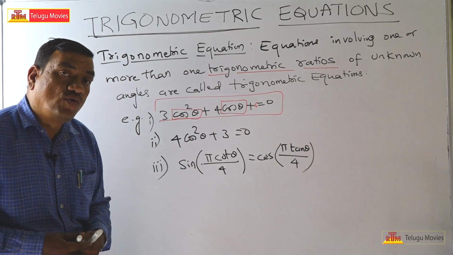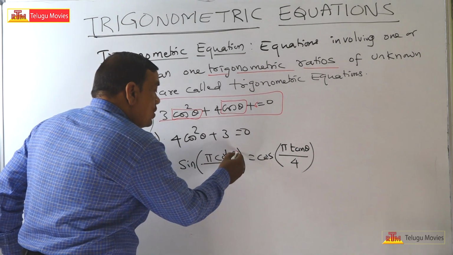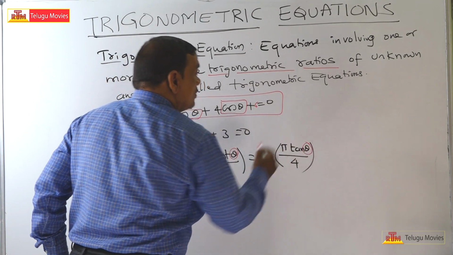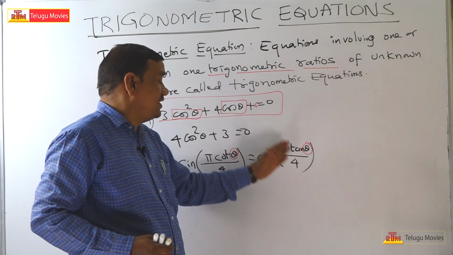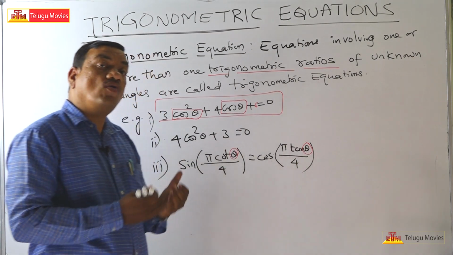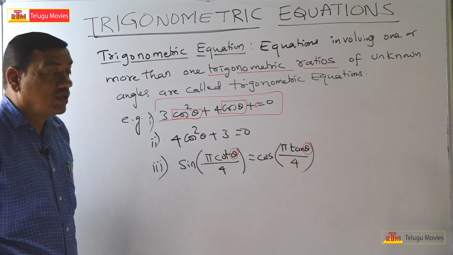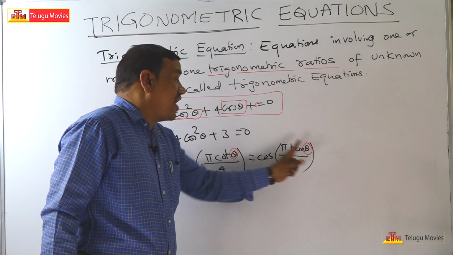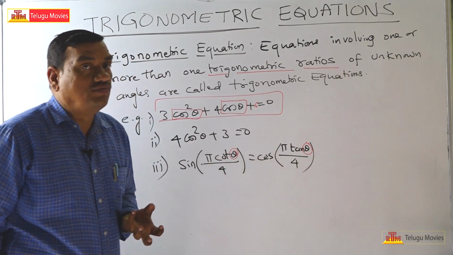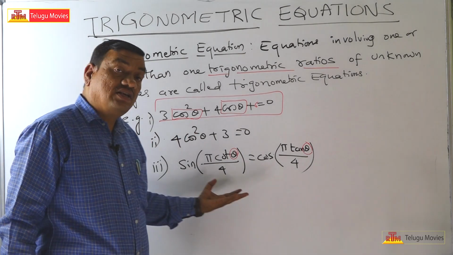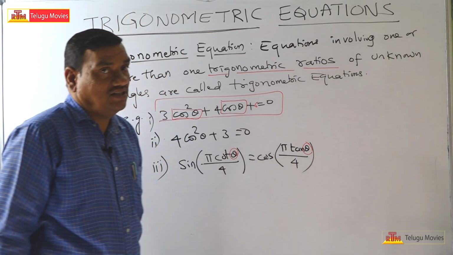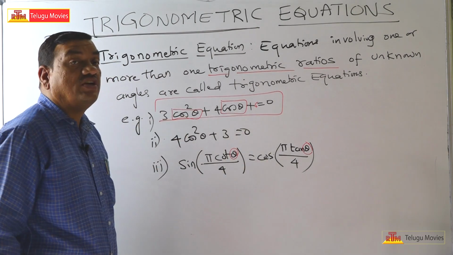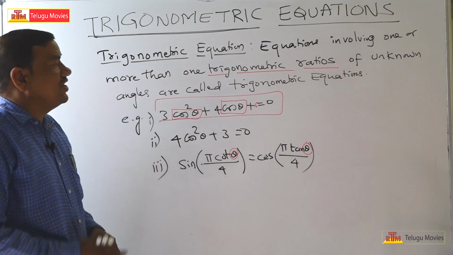Now you have to find the unknown angle theta, so that this equation is satisfied. Such types of equations are called trigonometric equations.